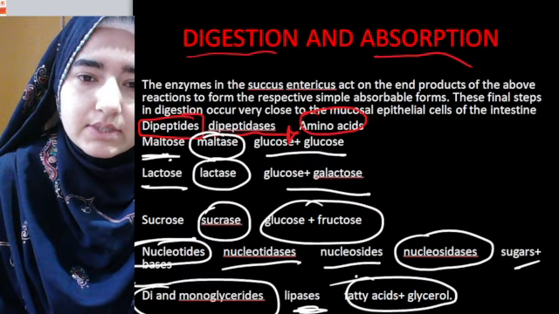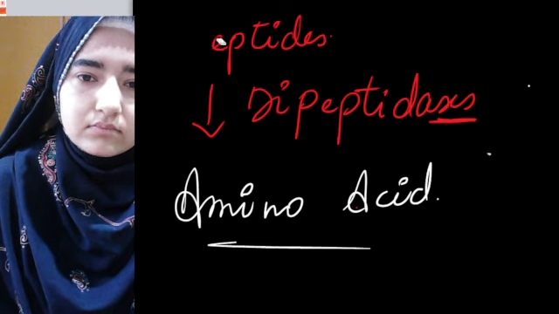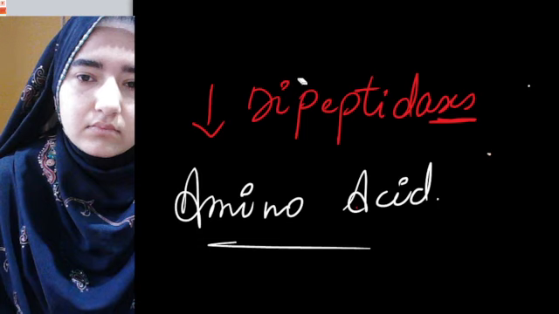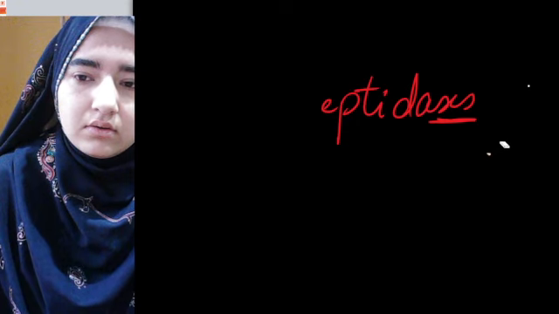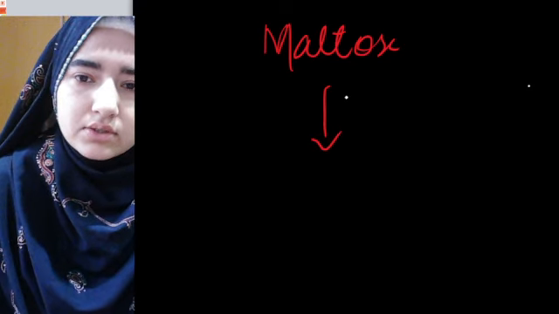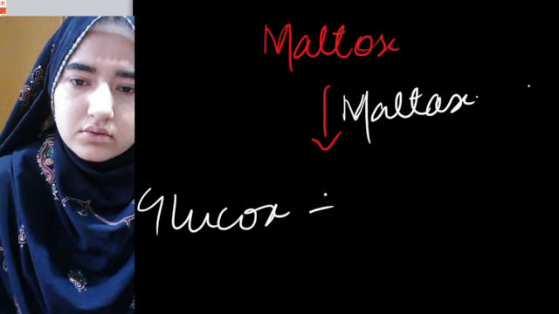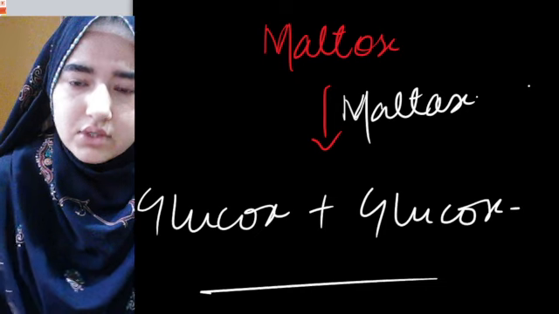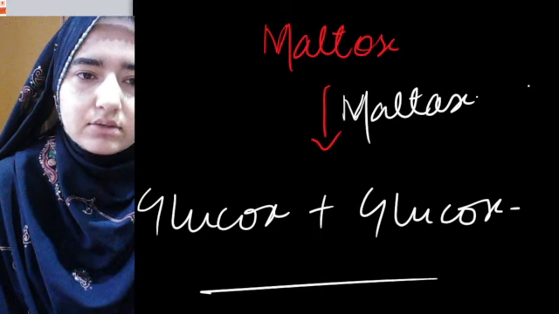Okay, I hope this concept is clear. Similarly, we have maltose. Maltase acts on maltose, thus giving two glucose. Glucose plus glucose. As I already mentioned in my previous session, you have to remember these reactions.